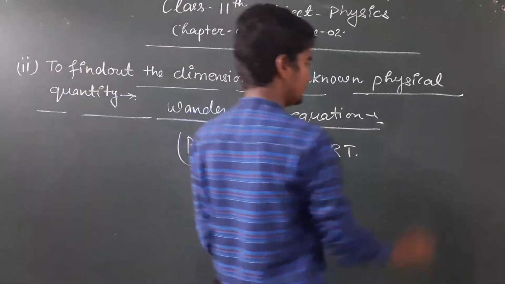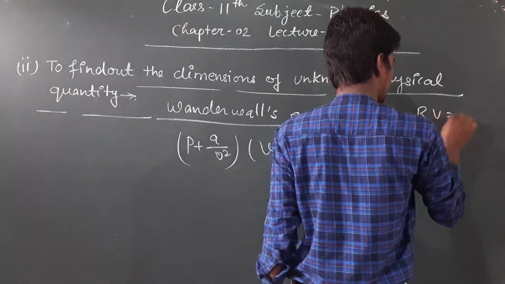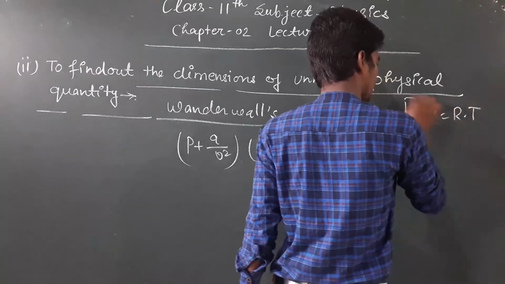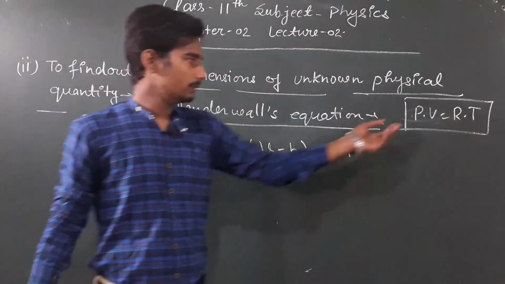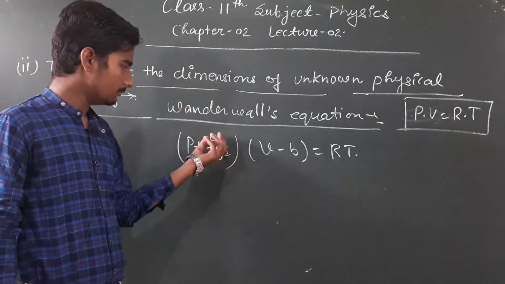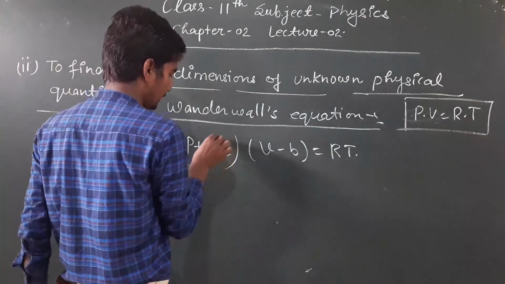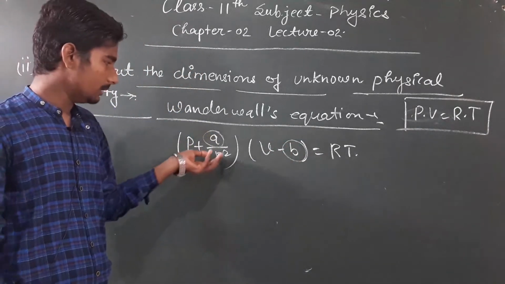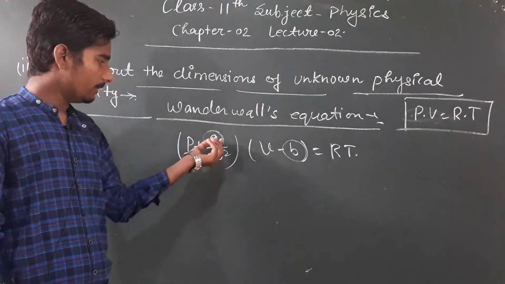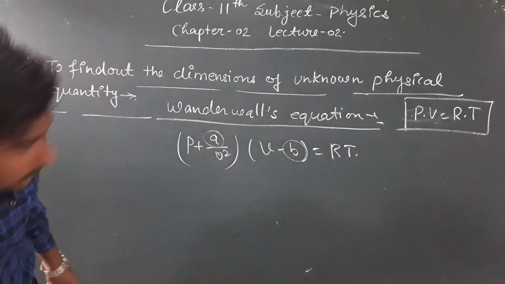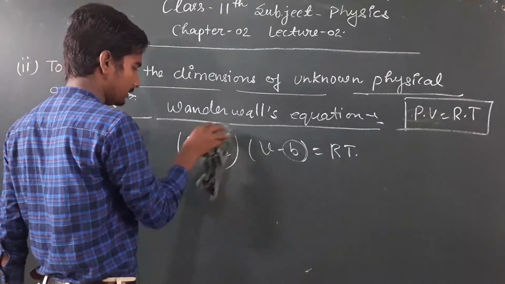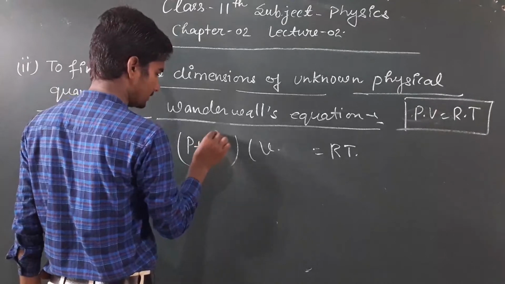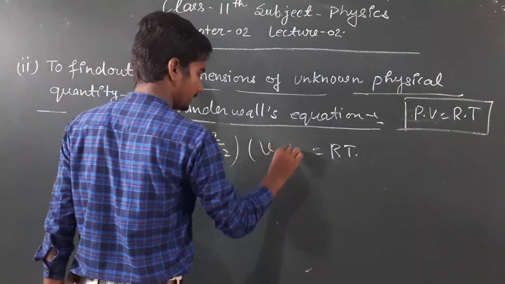Initially the equation was PV equals nRT, P into V equals R into T, but none of the gases were following this equation, so we introduced a physical quantity A and a physical quantity B, which were initially unknown, but after some time, with the help of dimensions, we found out what these quantities were. So let's check what these quantities are. This equation is P plus A upon V square, V minus B.